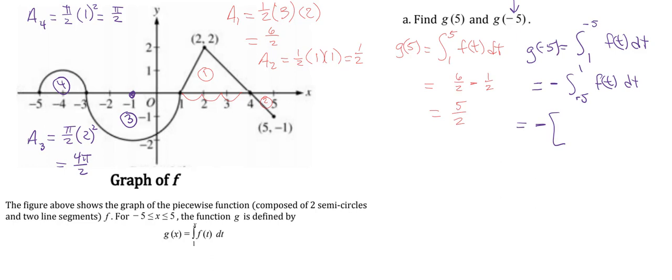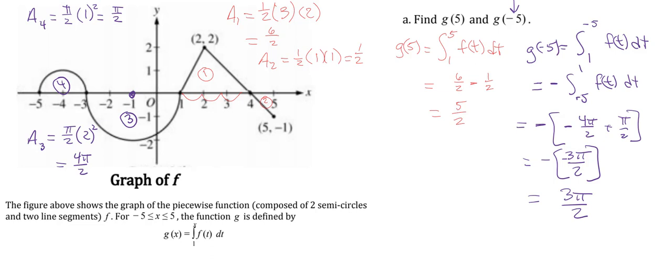The semicircle represented by area 3 is below the x-axis, so I'd need to put a negative sign with that, so I'd have negative 4 pi over 2. The area of semicircle number 4 is above the x-axis, so I would just keep that as pi over 2 and add that. Combining those two, I'll get negative 3 pi over 2. And then I have the opposite of that, which would simplify all the way down to 3 pi over 2.